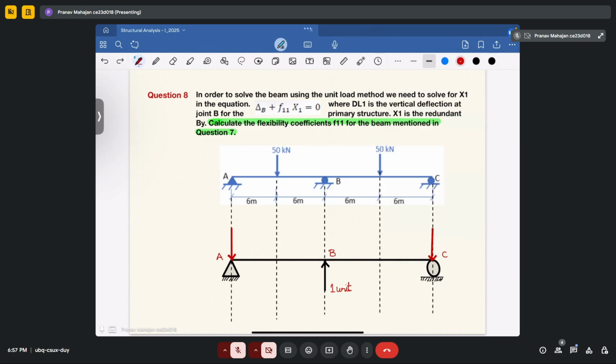Okay, so that will be 0.5 and 0.5 respectively. Fine. Now what you will do, you will draw the M upon EI diagram for this case, and then we will see, using the moment area method, what will be the deflection at B, and that will become your flexibility coefficient for this structure. Okay, let me copy this in the next page.